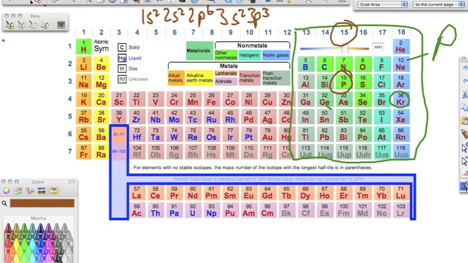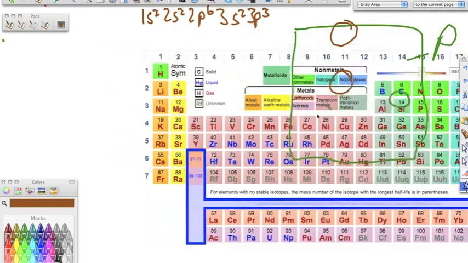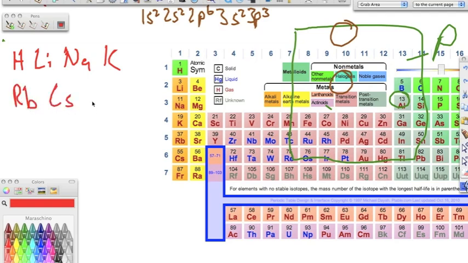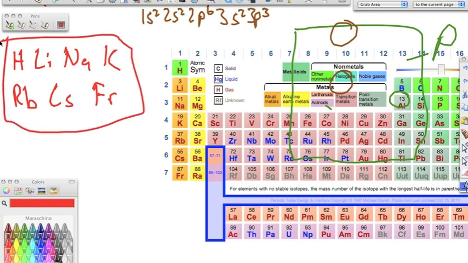So if in your class I just write alkali metals on the board, I'm not going to say any more than that, you write down hydrogen, lithium, sodium, potassium, rubidium, cesium, and francium. If I put that group up for your class period and you write those elements down, I'll give you 5 bonus points on your test.